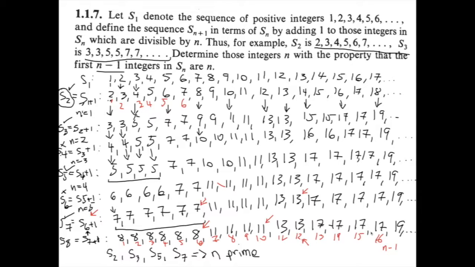And until this last digit gets incremented, the first integers in the sequence are going to be that last digit, if that makes sense. So for example, with S7, we're going to have all 7s until we can eventually increment them when we get to S8.